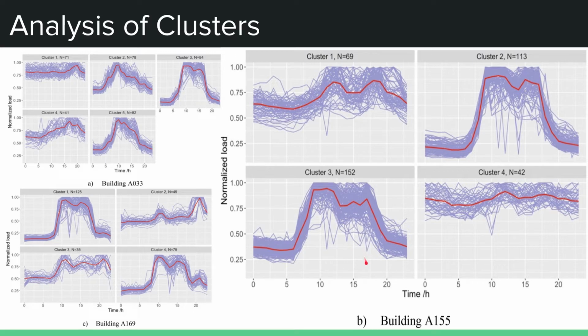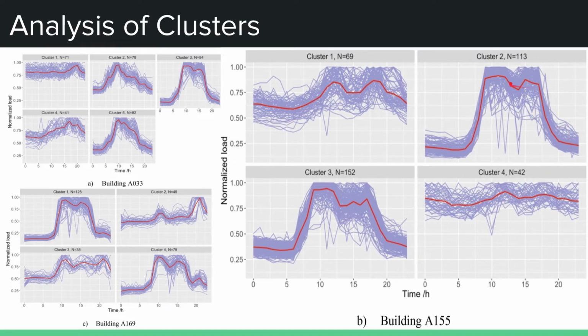If we take a look at building A155, it has four clusters, and cluster 3 and cluster 2 have somewhat similar activities, having a peak load from around 9 to around 16 or 17.